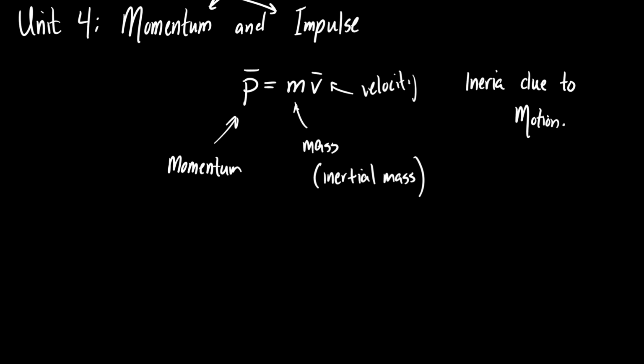If you don't have a definition in front of you because it was so long ago, inertia is an object's resistance to change in motion. It's worth rewriting again. Inertia is an object's resistance to changes in motion. Remember, heavy things were hard to move, light things are easy to move. That's inertia.